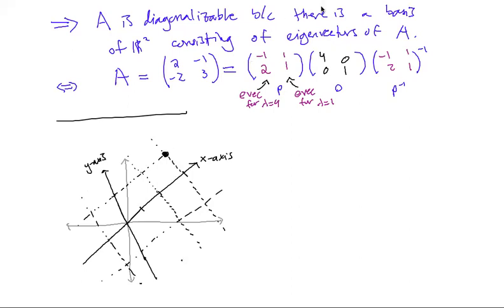So we have V is 2, 1 in our new basis. Let's call this basis B, so B here is our eigenvectors. I guess the other way. 1, 1.